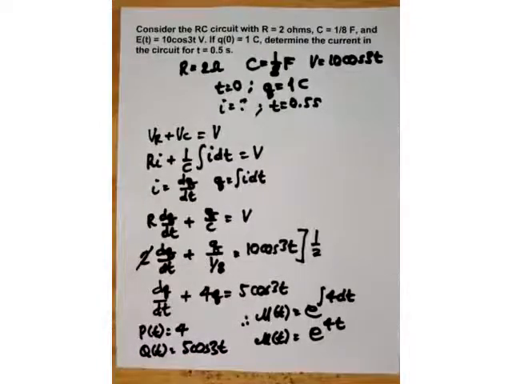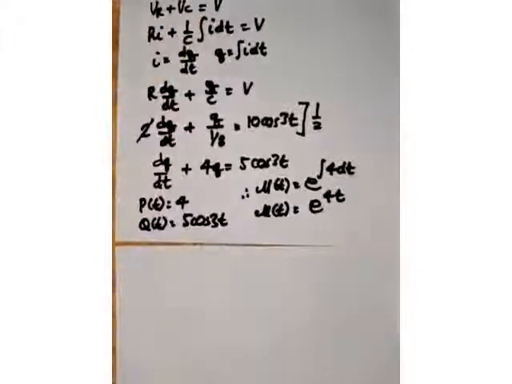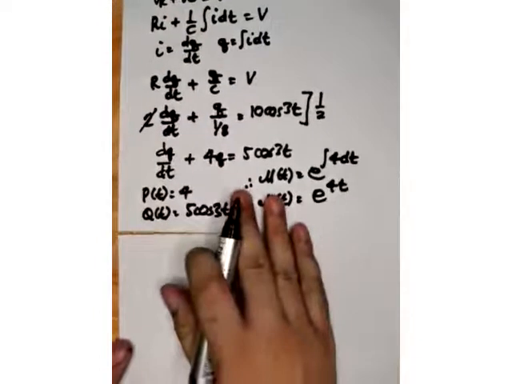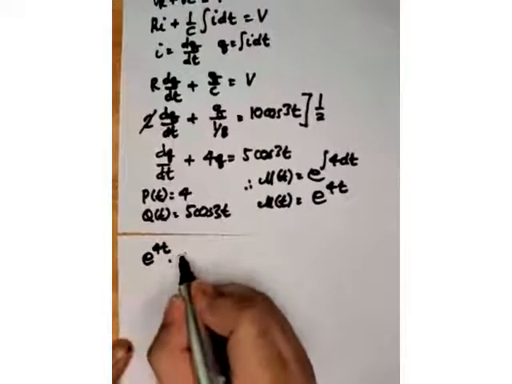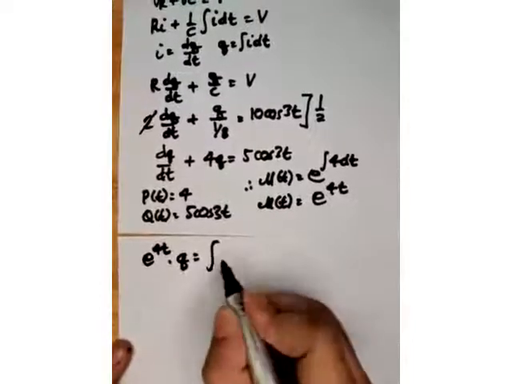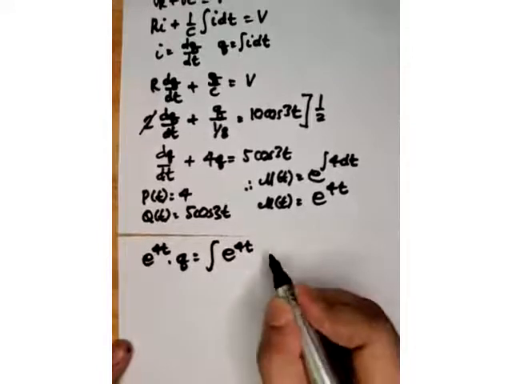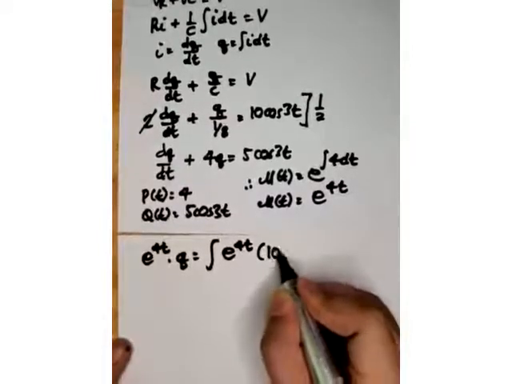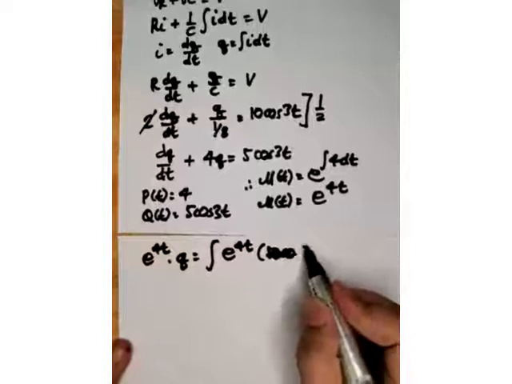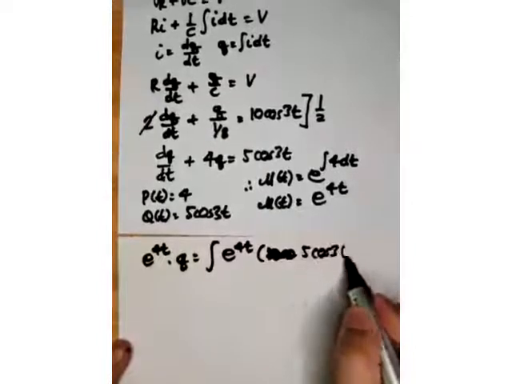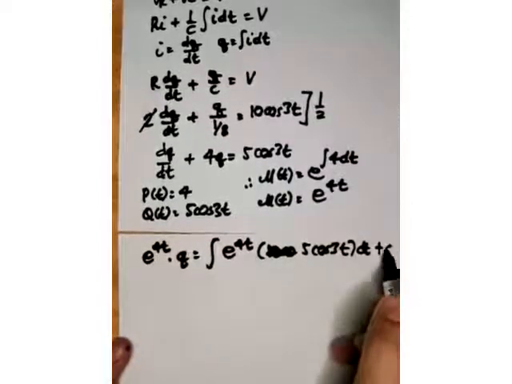Okay, so let's get our general solution. So therefore, e raised to 4t times q is equal to the integral of e raised to 4t times, sorry, 5 cosine 3t dt plus C.